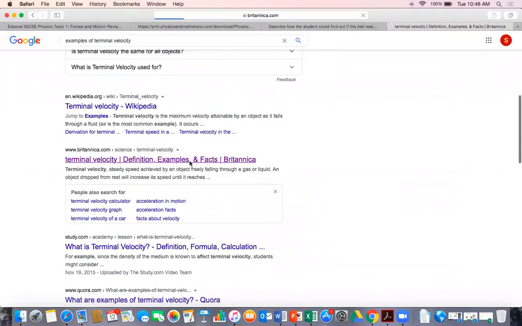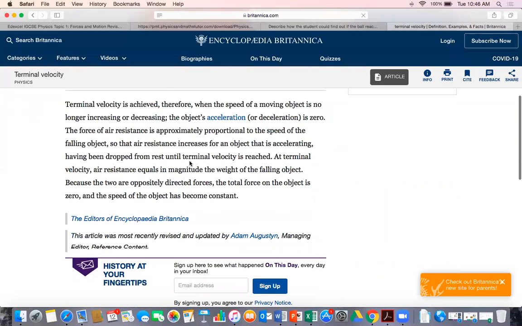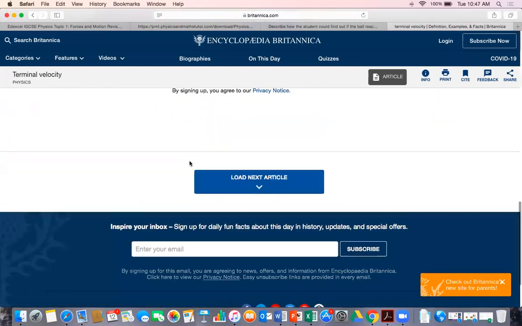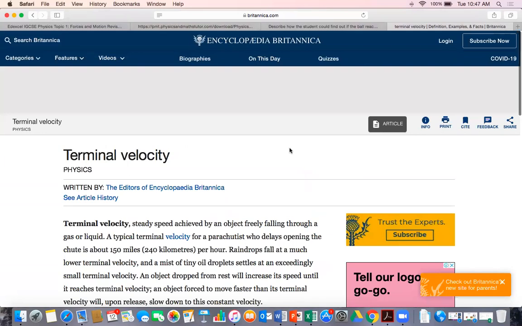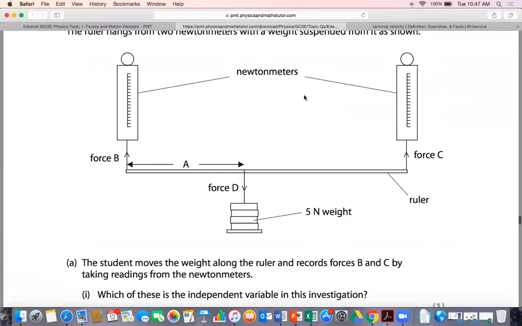So you can just click on it, and then it will explain to you. And then you just keep going. There are a lot of sources online. So that's basically it for today's class.